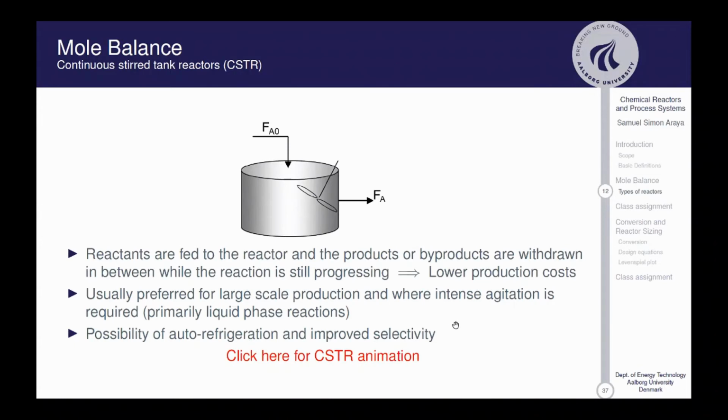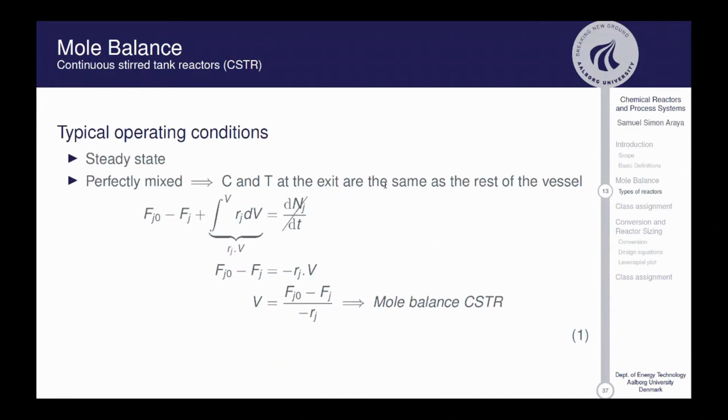And that's what makes it profitable in a way, because as long as the conditions in the reactor are exactly what we need, then as soon as we put in our reactants, we can remove the products as well. And as mentioned, if we apply the general mole balance equation to this, the assumptions are that it's a steady state, unlike the batch reactor, but it's perfectly mixed like the batch reactor.